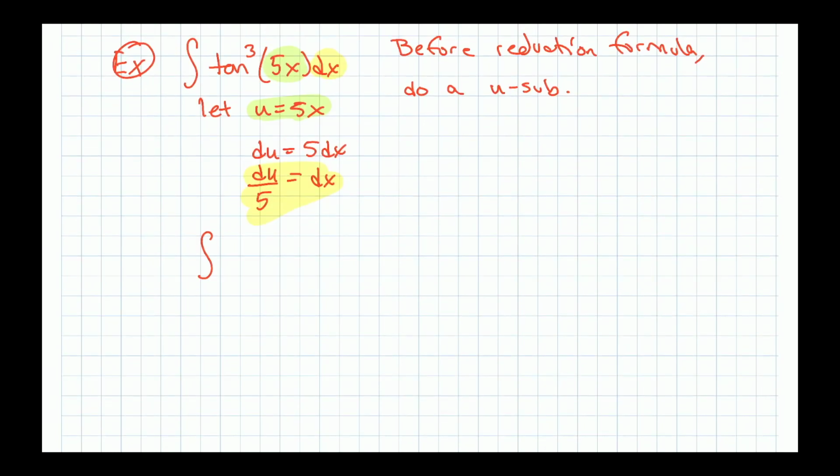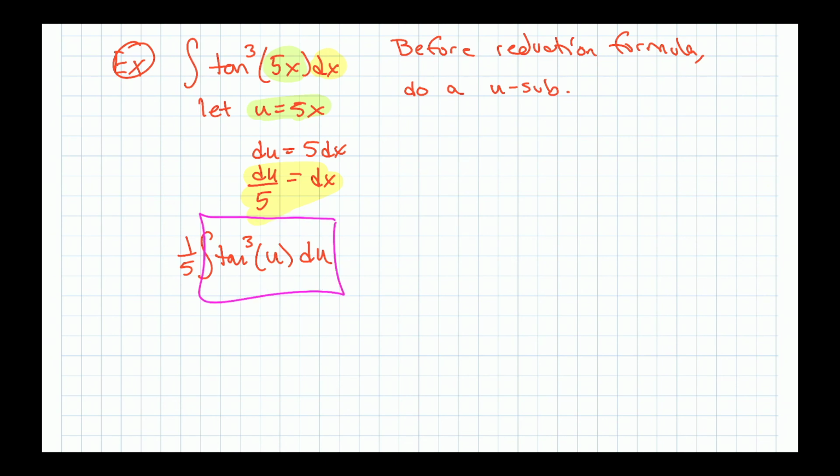You've got tangent cubed u, and then dx is du over 5, so I just go 1/5 du like that. Okay, so at this point now you can do the reduction formula because you don't have a constant there.